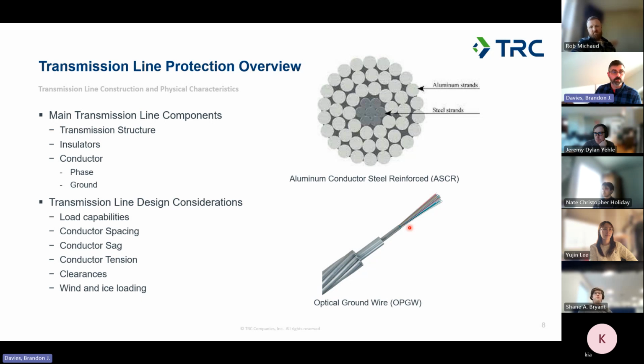Could be used for other uses as well. They could rent out the fibers to a telecom company or something like that if they needed to, because they've already got the structures up there. Why not add some data capabilities as well?